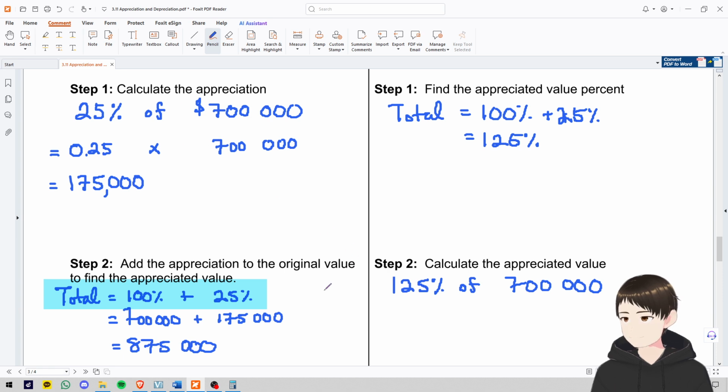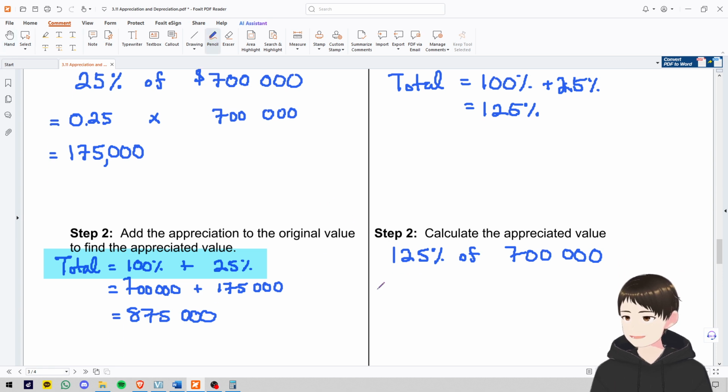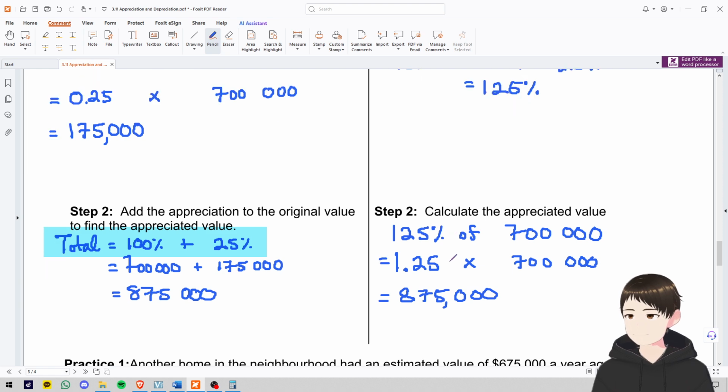Just like that. Right? So you're just doing the reverse step, or in the different order. That is 1.25. Remember your percentage conversion. Of is multiplication, 700,000, which should give you 875,000 again.